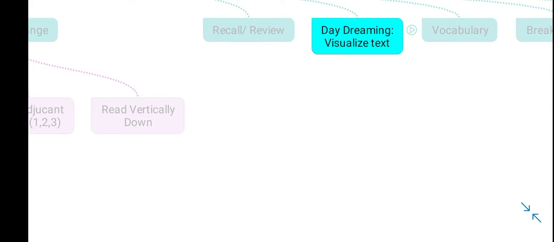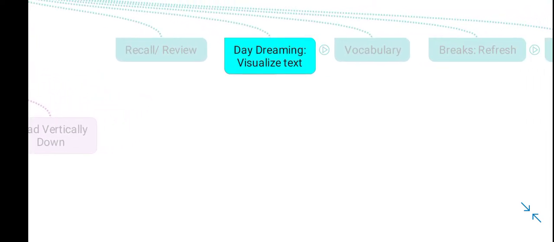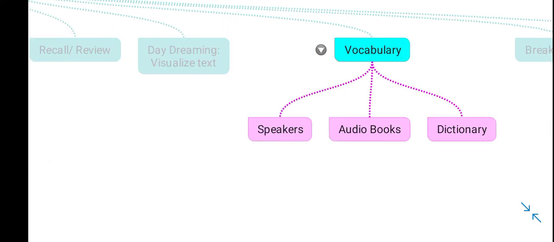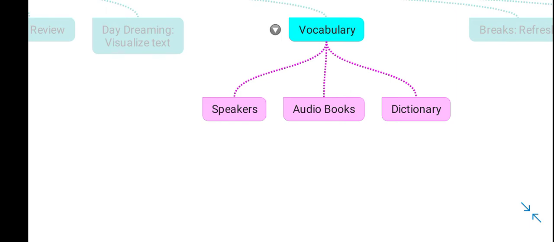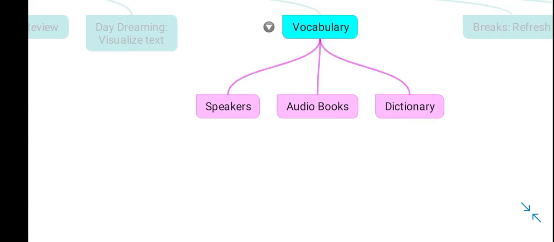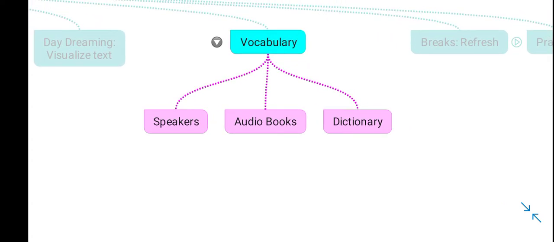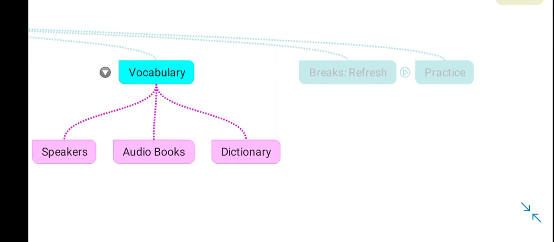So the writer says that in order to counter that, you can visualize the text as you read it instead of visualizing something else. One thing the writer recommends is increasing your vocabulary by taking help from different speakers, by listening to audiobooks, or by using a dictionary for difficult words.